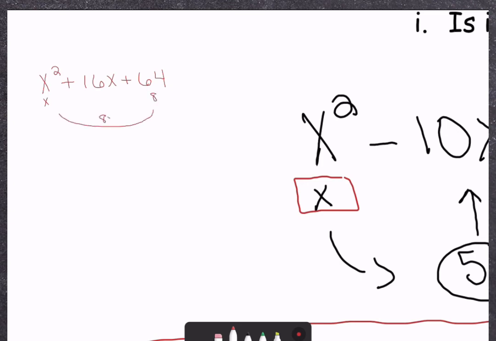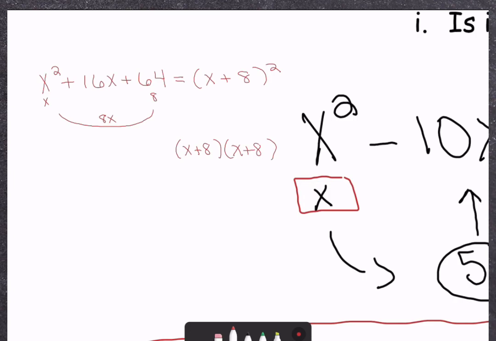I get 8x. And when I double it, I get 16. Okay, cool. That means that this will be x, take the sign of the middle, plus 8, squared. Or you can just factor it traditionally. If you factor it traditionally, you would get this, which means the same thing.